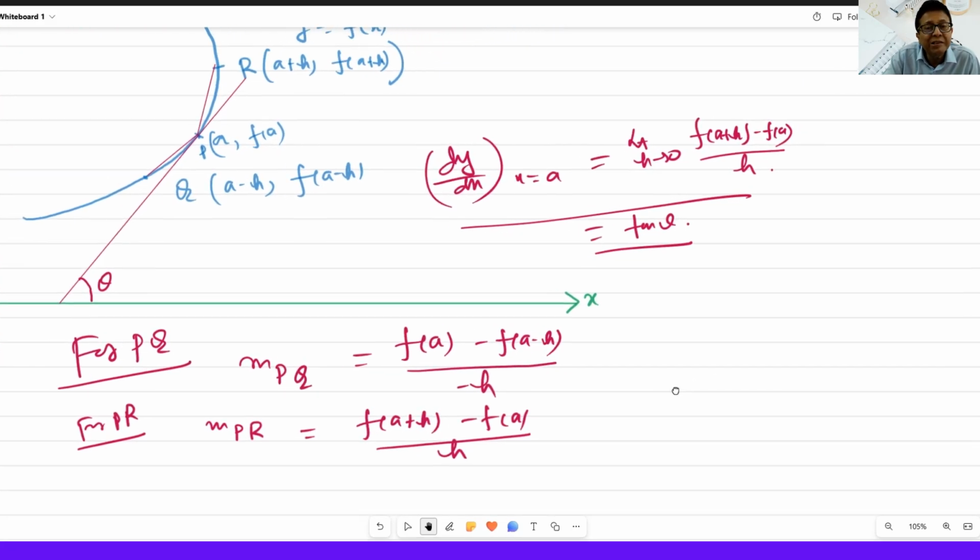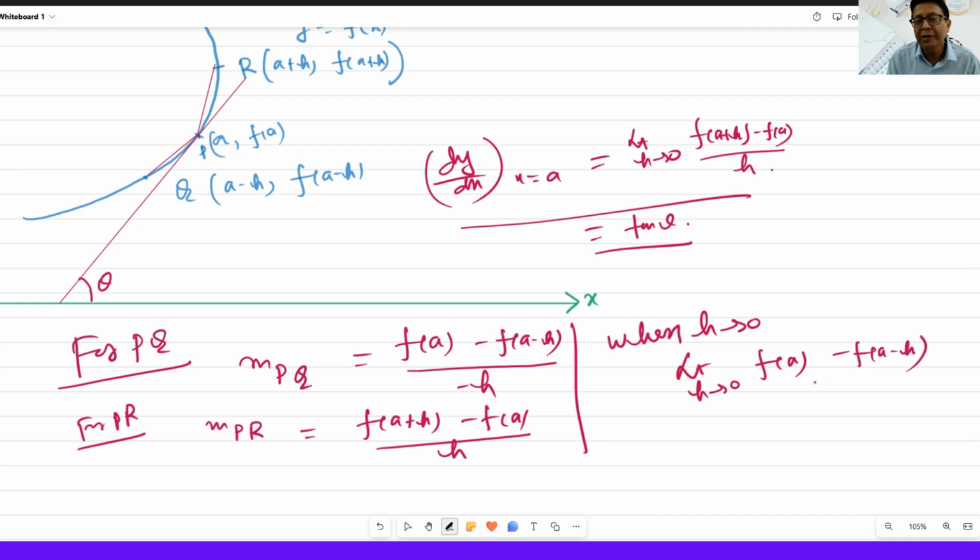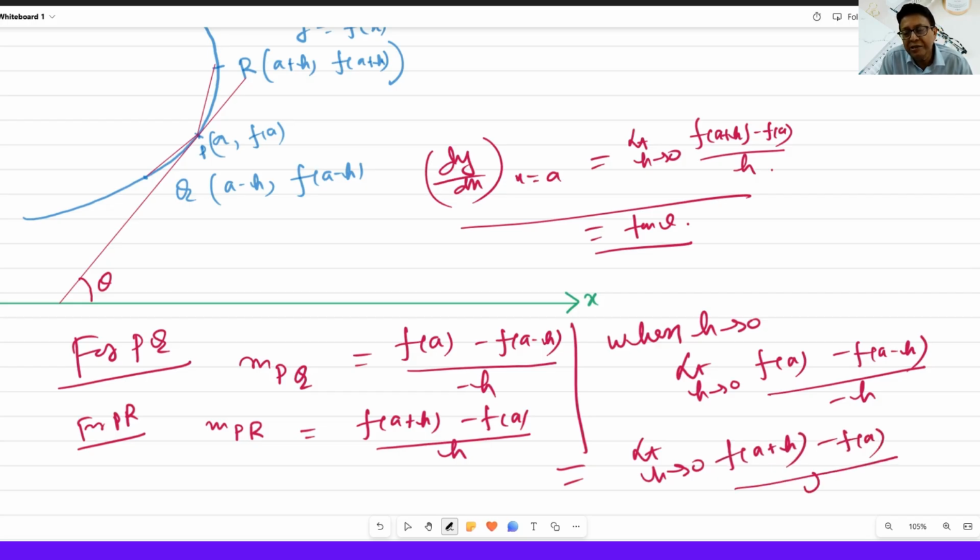When h tending to 0, this limit, f(a) minus f(a minus h) by h, and this one you can change also. This will be f of a plus h minus f(a) by h.